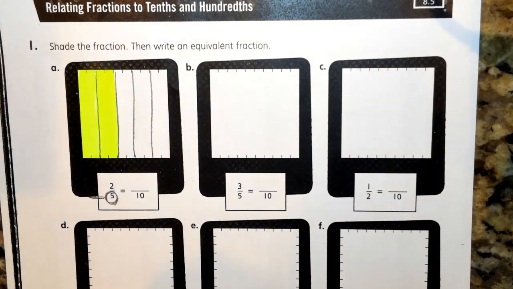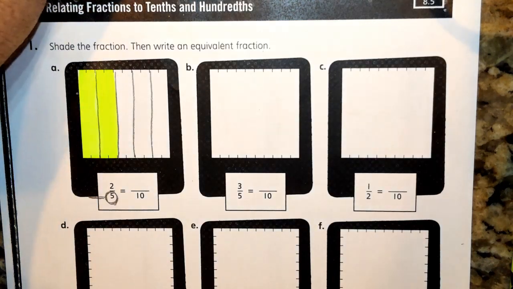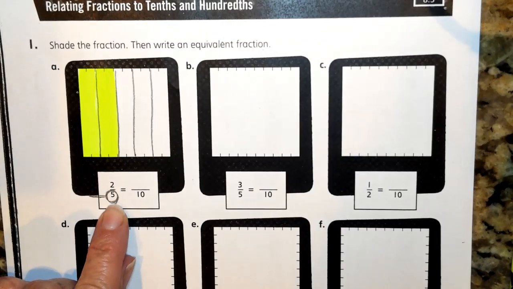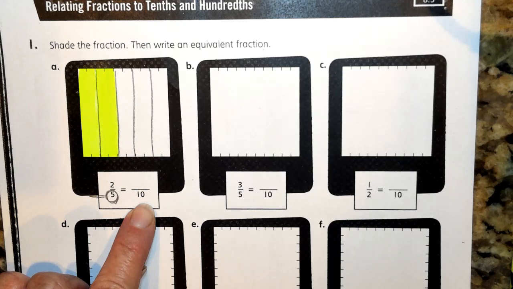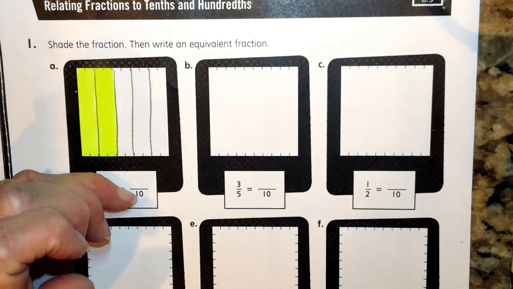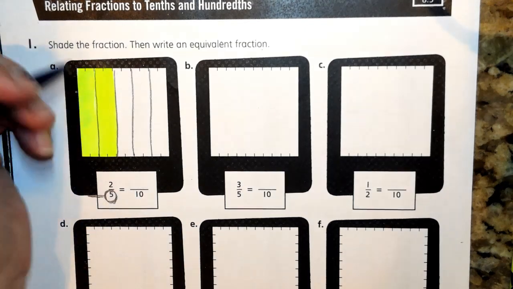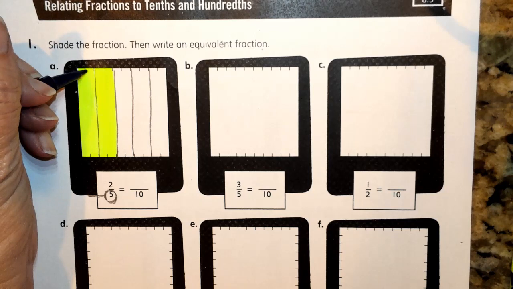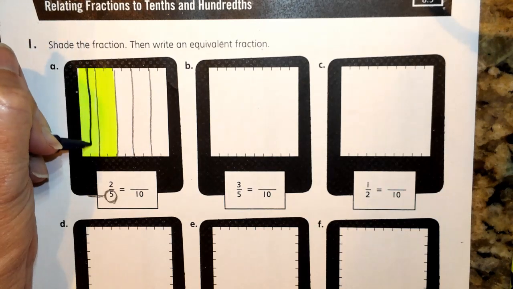And this might be a place where you might want to choose to use a pen or maybe even your pencil. Now I'm going to relate this fraction 2/5 to the tenth. So I need to think about cutting this picture into 10 equal pieces. I already know that we've cut it into fifths, so now we're going to cut it again. We're going to cut each fifth in half.